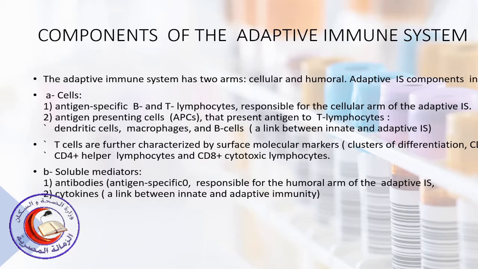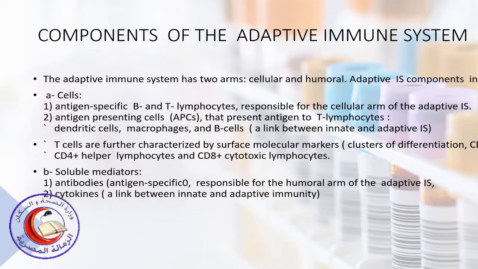The antigen-presenting cells include the dendritic cells, so called because of their star-like shape. These are present in all tissues, macrophages and B cells. The antigen-presenting cells, dendritic cells and macrophages, are a link between innate immunity and adaptive immunity.